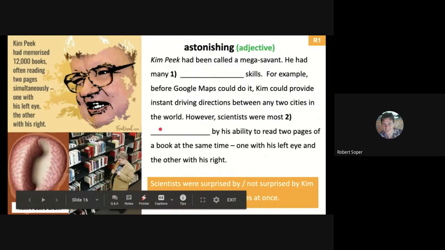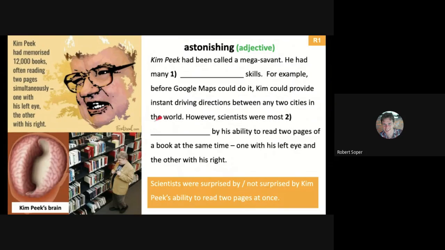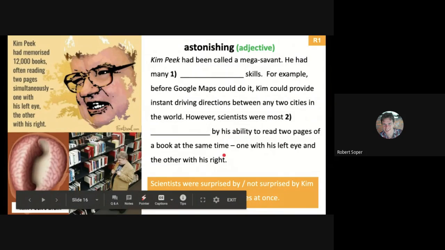Okay, so the correct word here is astonished. So however, the scientists were astonished, that's with an -ed ending, by his ability to read 2 pages of a book at the same time, one with his left eye and the other with his right.